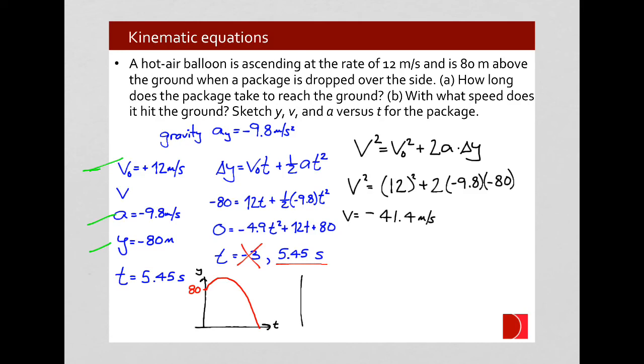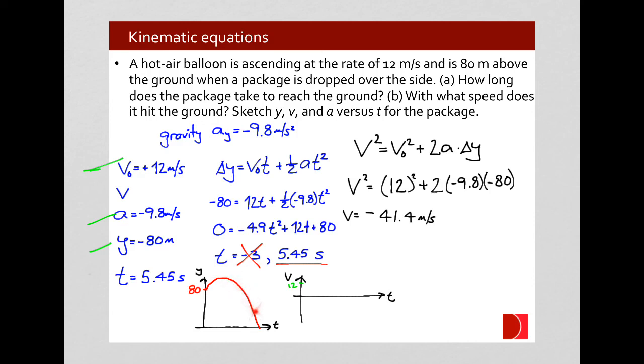If we look at the velocity as a function of time, we know that the velocity is initially 12. It's initially going upward. However, we said that the block is going to continue upward for a little bit. It'll hit the top of the arc. At that point, it'll be temporarily motionless, and then it will begin to speed up downwards.